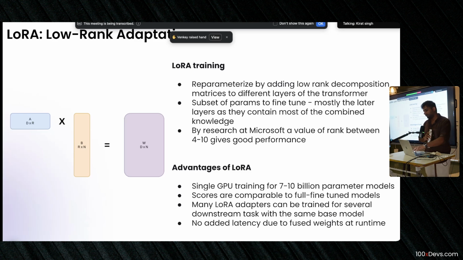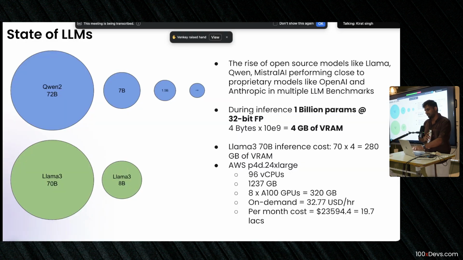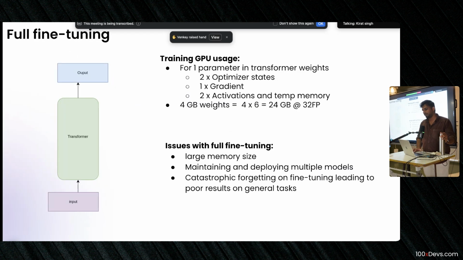Full meaning you would have actually done this thing over here, which cost 20 lakhs, right? You are doing a full fine tuning. The actual results are comparable to that. There's very small drop. If you see the research paper, LoRa has its own research paper. It's actually by Microsoft, who invented this technique. One of the researchers actually invented LoRa in Microsoft, and then he open sourced the whole implementation for it.